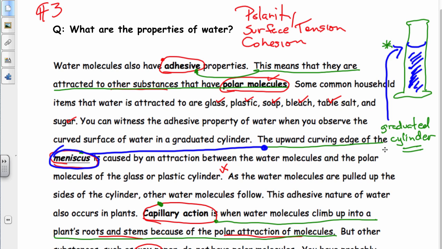We usually call smaller columns like straws or blood vessels or roots or tubes, small tubes. Water will climb up into those because of polar attraction. So capillary action, water molecules climbing up into a plant's roots.